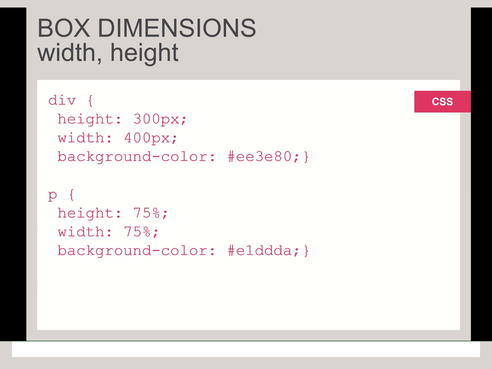So this is the relative size. That means it is based on something else, and then can automatically adjust. That's also why currently we use more relative ones rather than absolute ones.